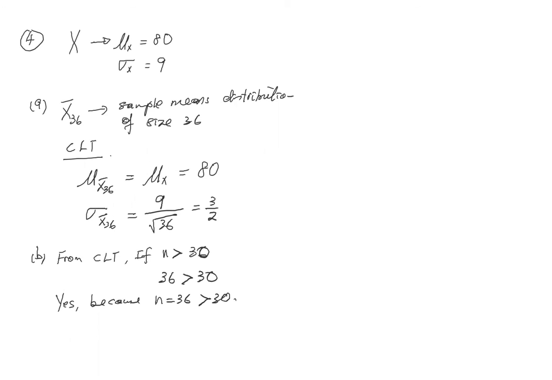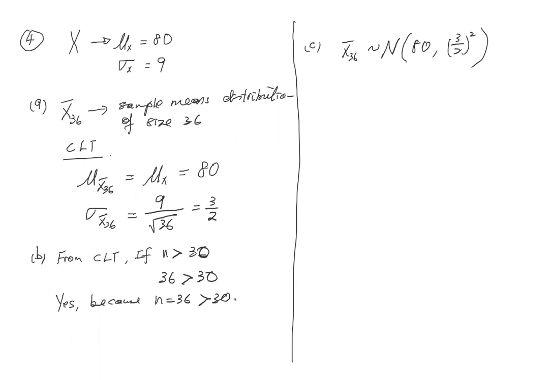So if it is normally distributed, we want to find the probability. Now I have X bar 36 normally distributed with a mean of 80 and a standard deviation of 3/2.